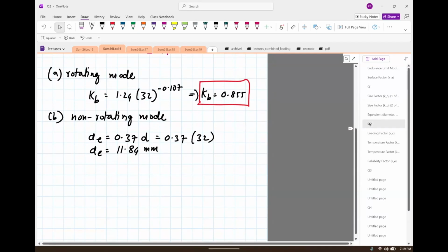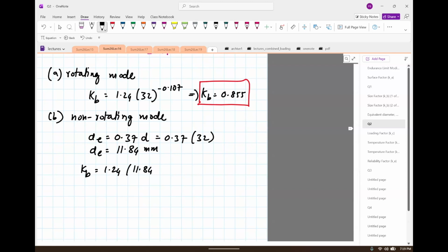So KB is 1.24, D is 11.84, and minus 0.107. And putting in the value, we get KB is 0.95.